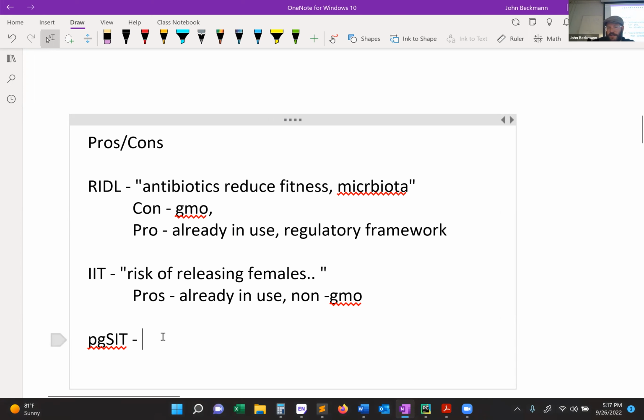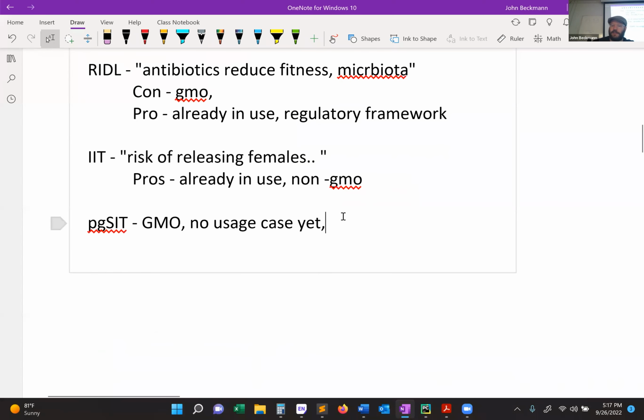The cons of this system would be, I think, that it's GMO and there's no usage case yet. In terms of has it been applied yet, and is there proof that it works yet? I don't think so, although I could be not up to date because this paper is, I think, from 2019. I think they're gearing up to do some field tests. So it would be interesting to see if this works. And if that's wrong, then forgive me.